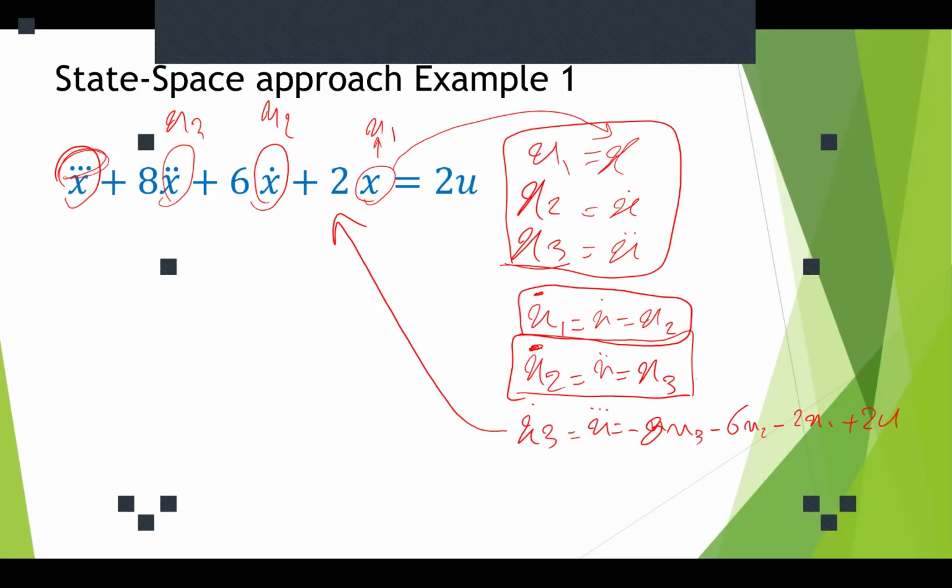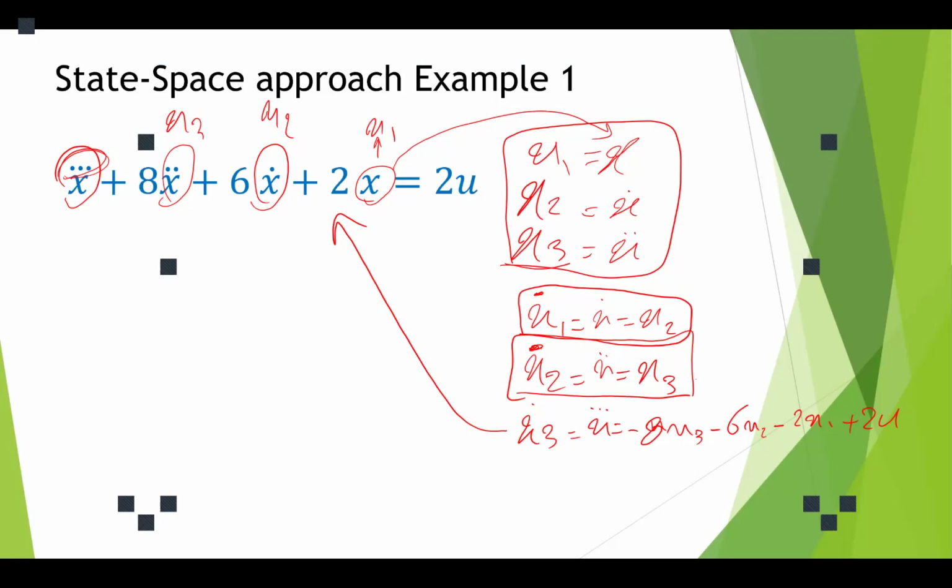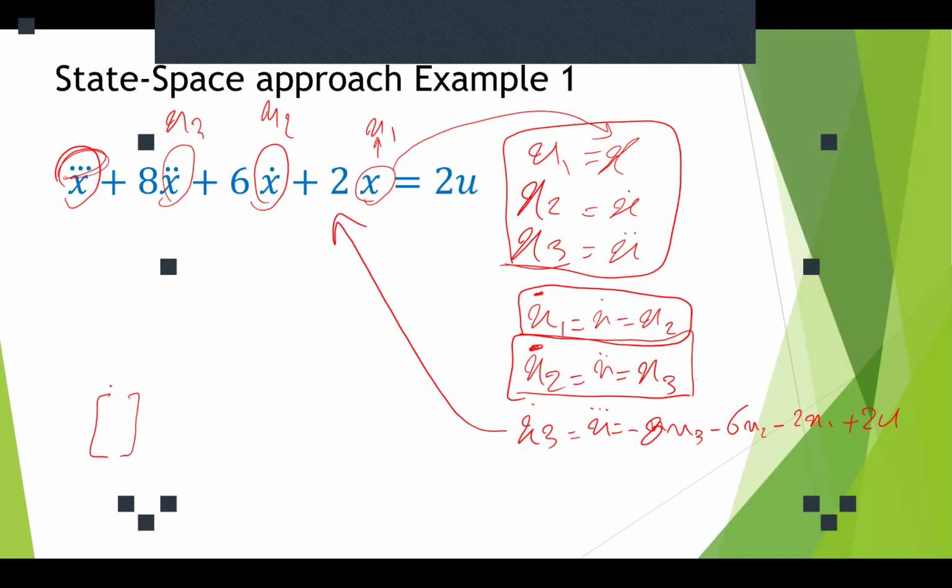Now, we said we are going to represent that in matrix form. We have our vector x dot, which is x1 dot, x2 dot, and x3 dot. This is that x dot that we talked about. It was x dot equal to Ax plus Bu. Remember?